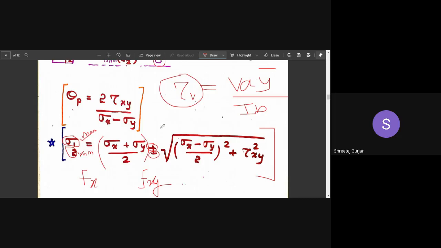Usually sigma y or fy will not be given to us. What fx is, is the pre-stressing applied in your normal axis, which is nothing but P by A, the pre-stressing force you apply divided by the cross-sectional area. And Fy is the stress in the y direction, which is not provided.